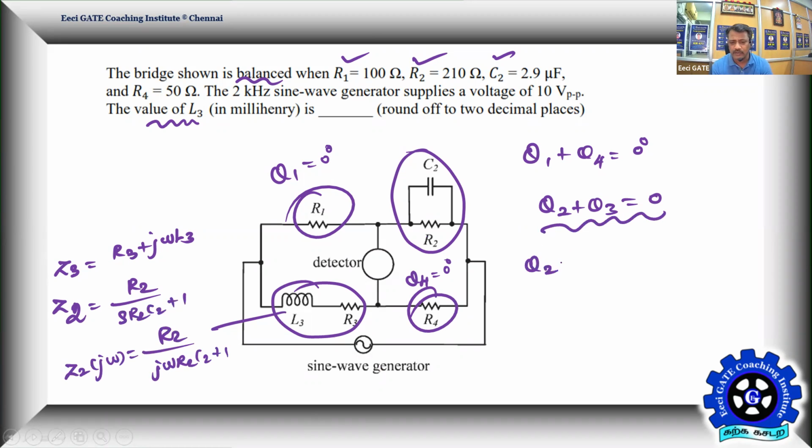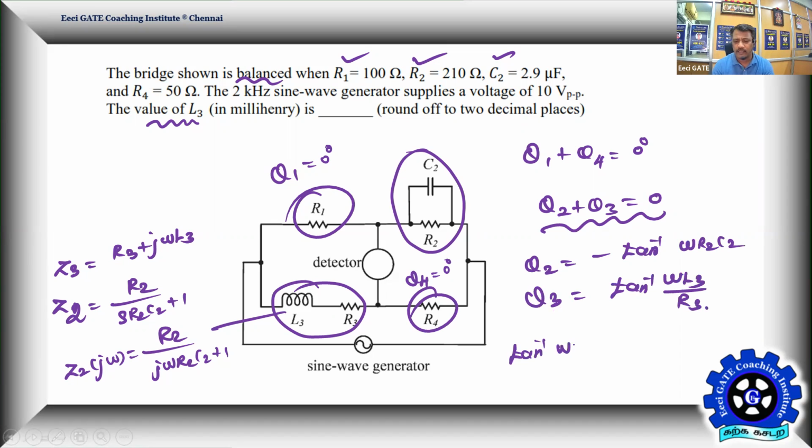So what is θ2? θ2, the angle of Z2, is going to be minus tan inverse of ωR2C2. That's your θ2, and θ3 is going to be tan inverse of imaginary by real, that is ωL3 by R3. So if you balance this, θ2 plus θ3 must be equal to 0, meaning tan inverse of ωL3 by R3 minus tan inverse of ωR2C2 must be equal to 0.